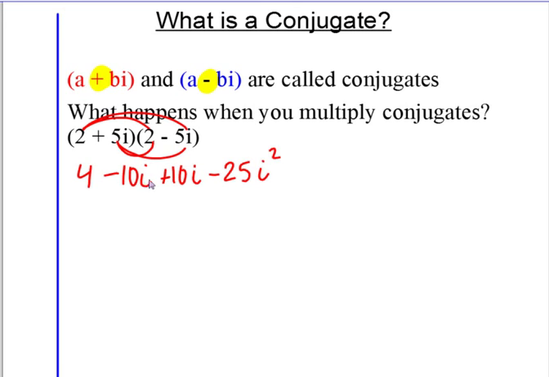These two in the center make 0. Negative 10i plus 10i makes 0. So I have a 4 minus a 25 i squared. Remember, i squared is actually equal to negative 1. So my true work is actually 4 plus 25. My final answer being 29.